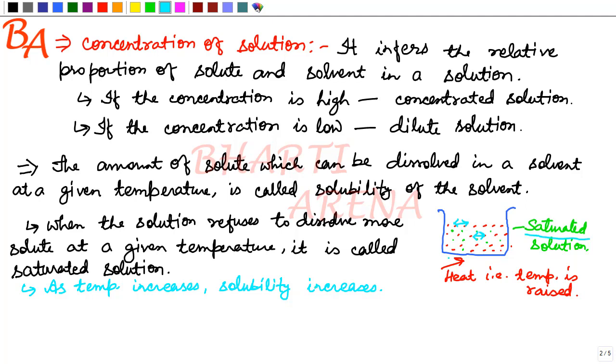In the same fashion, when the temperature is decreased, then the intermolecular space will be decreased due to the decrease in the randomness of the particles. Since the intermolecular space is decreased, therefore the solubility will also decrease, and then the extra dissolved solutes will come out of the solution.